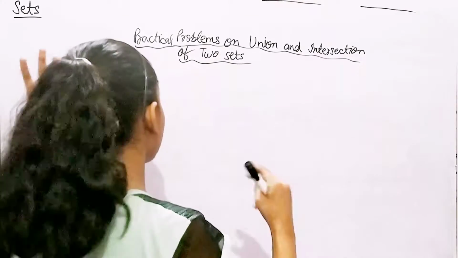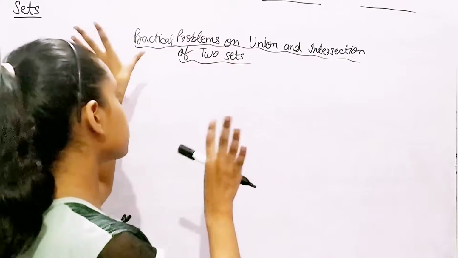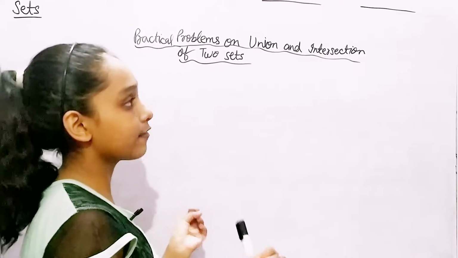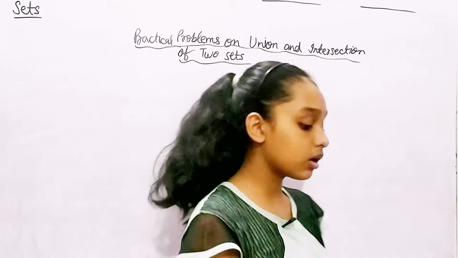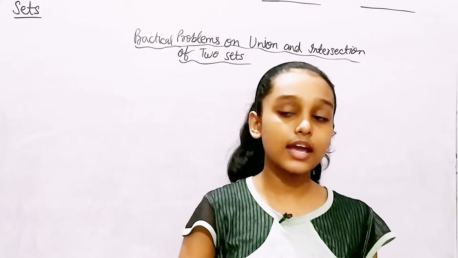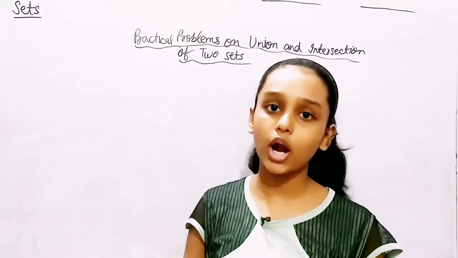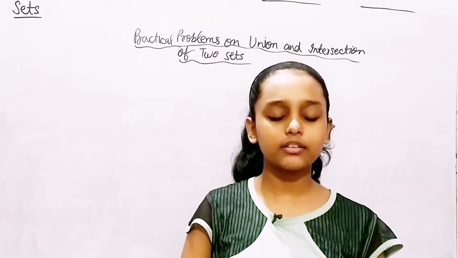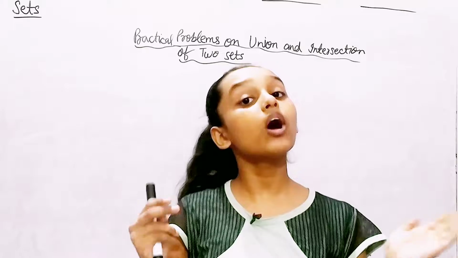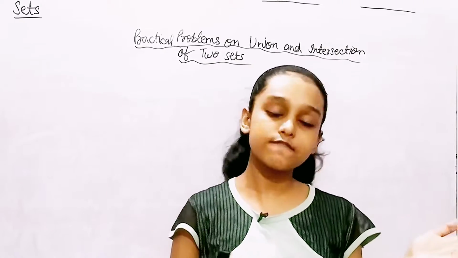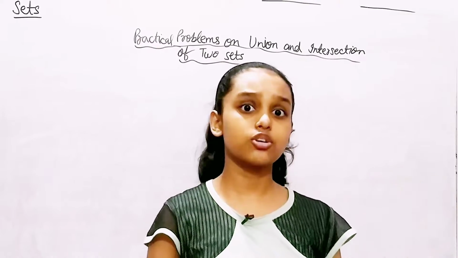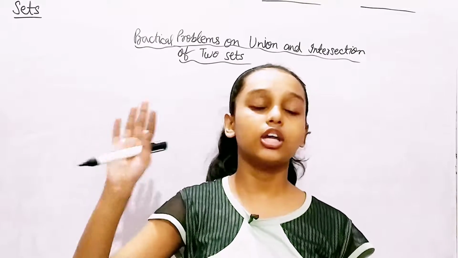Why do we need to focus on these practical problems on union and intersection of two sets? Let's say we have to find the number of elements in the intersection of two sets, or in the union of two sets.